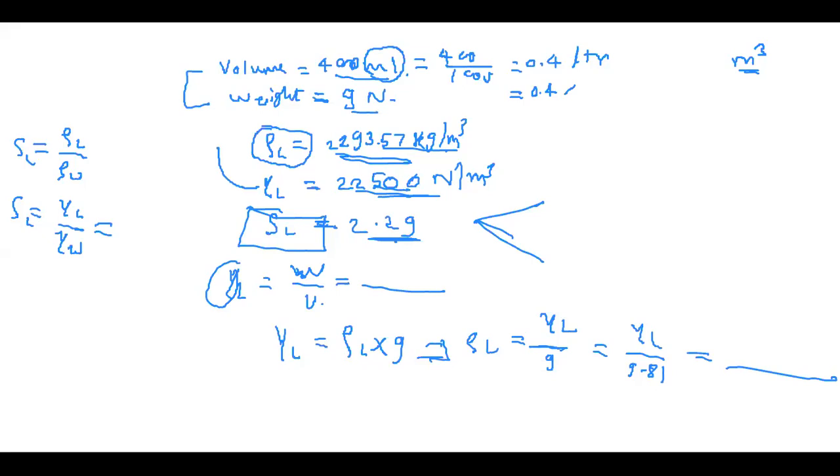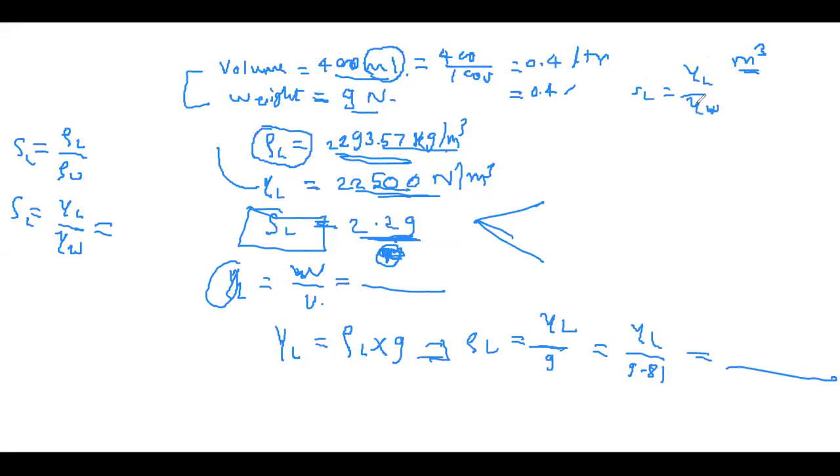See here, you have got the specific gravity of this fluid as 2.29, right? So it is 2.29 times heavier than the water, because in the denominator there is 1. Specific gravity is nothing but gamma L upon gamma W, right?